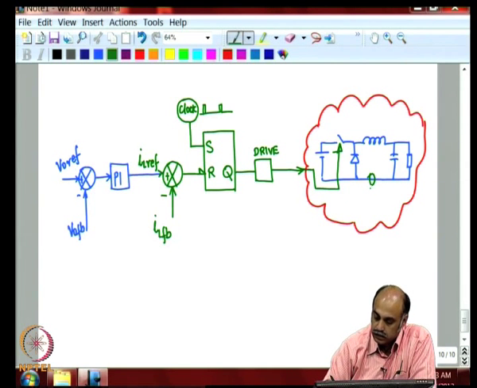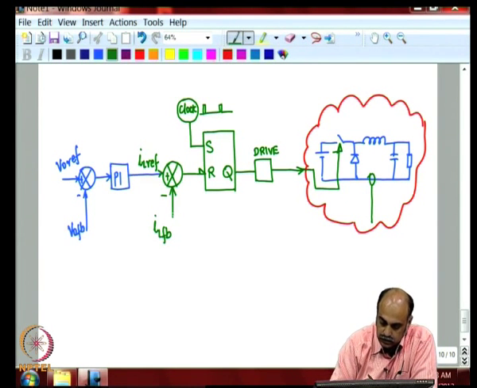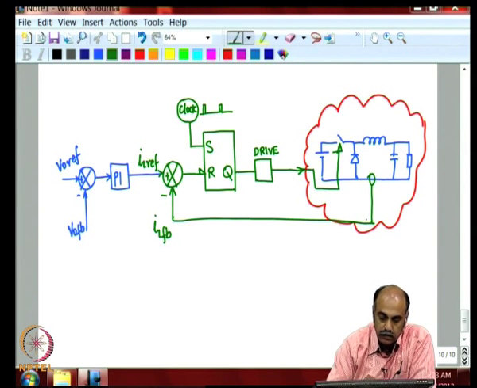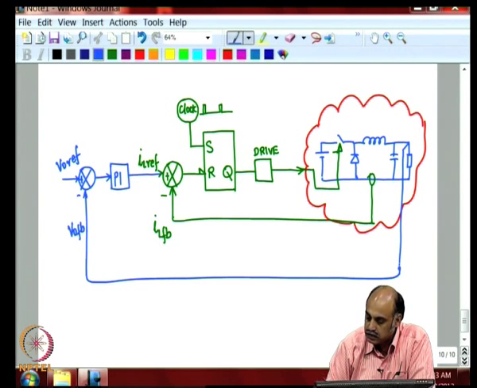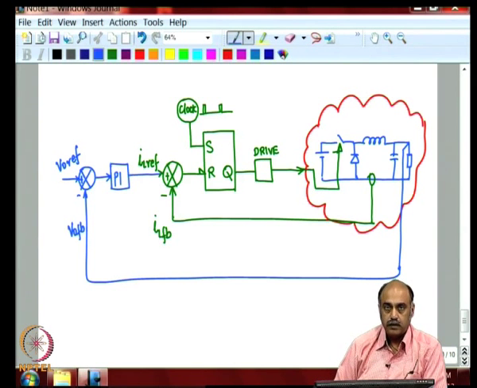You have the inductor current being sensed, and you have the output voltage, which is sensed, passes through the sensing circuitry, and comes in like.